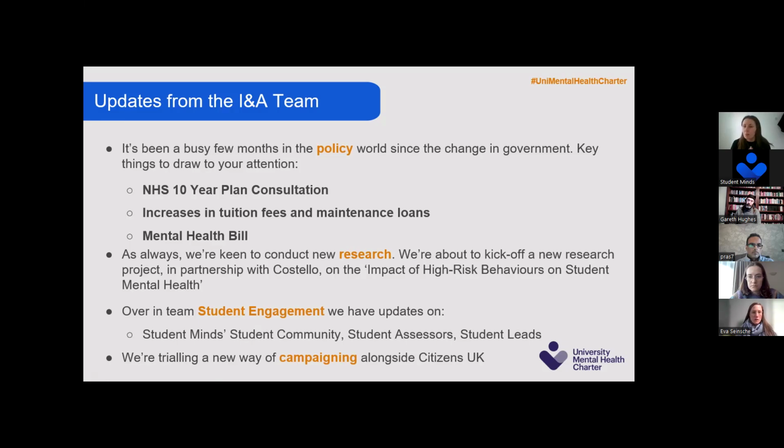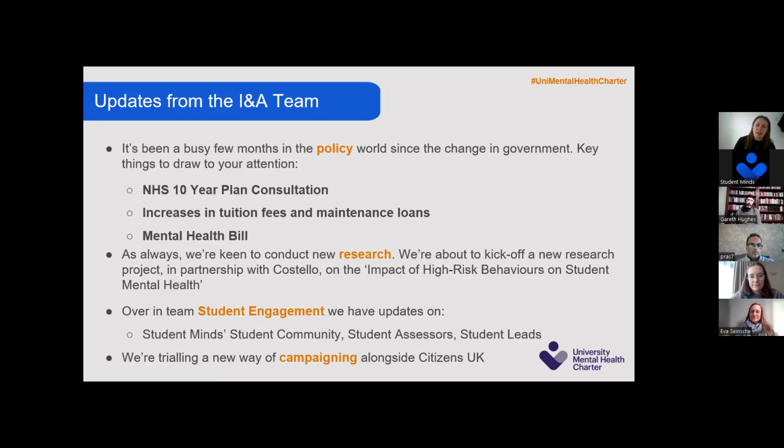So we may well circulate an expression of interest form with you all if you have any students in your networks that you think might be interested in participating in that research. More information will be available in what we circulate. But yeah, that's hopefully going to be a really interesting piece of work, and Costello have been really good to work with on that project. So hopefully a bit more of a partnership could be possible for future bits of research, we are hoping.